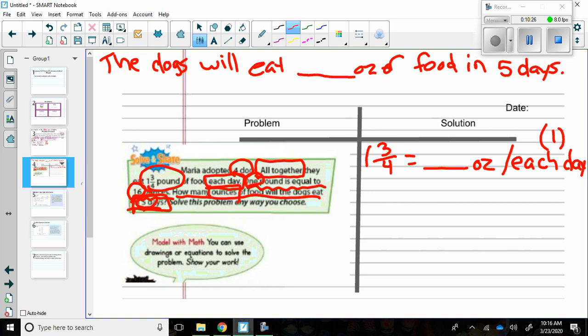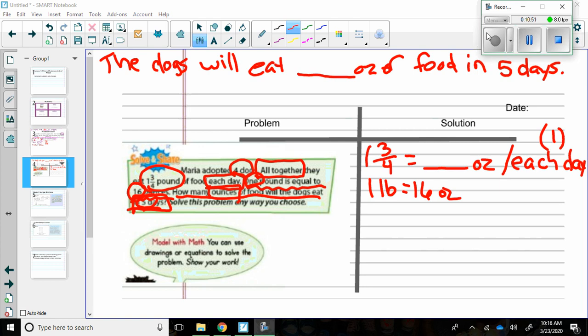Second step is write what you know, what you know, what you know. We're lucky because this problem already told us what we need to know. We need to know that 1 pound equals 16 ounces. Next is the third step.